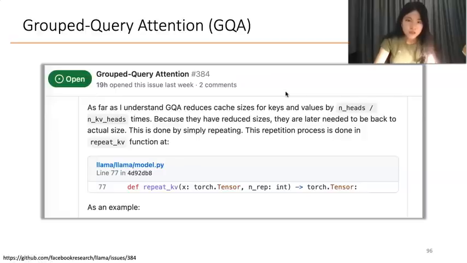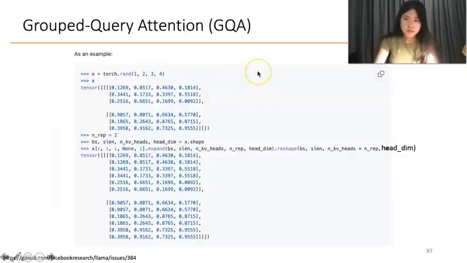Because they have reduced sizes, they later need to be expanded back to the actual size. This is simply done by repeating, as you can see from the llama model.py code from the official GitHub. For example, suppose your input x has the shape 1, 2, 3, 4, where 1 is your batch size, 2 is your sequence length, 3 is the number of KV heads, and 4 is just your head dimension.